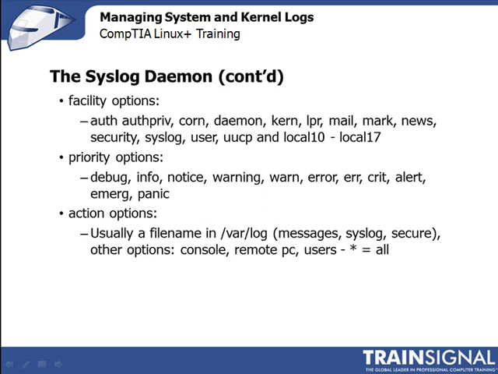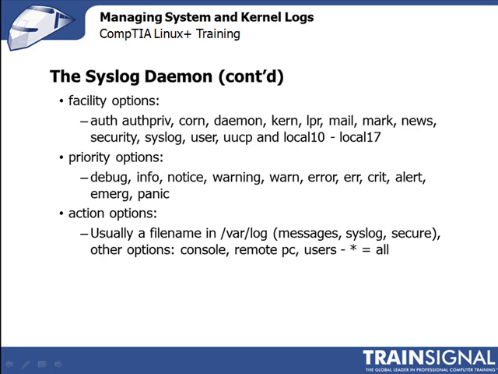Okay, so we know that the syslogd configuration line format is facility.priority followed by action. But we need to know what parameters can be included in this format. The first part, facility, has the following options: auth, authpriv, cron, daemon, kern, lpr, mail, mark, news, security, syslog, user, uucp, and finally local0 to local7.